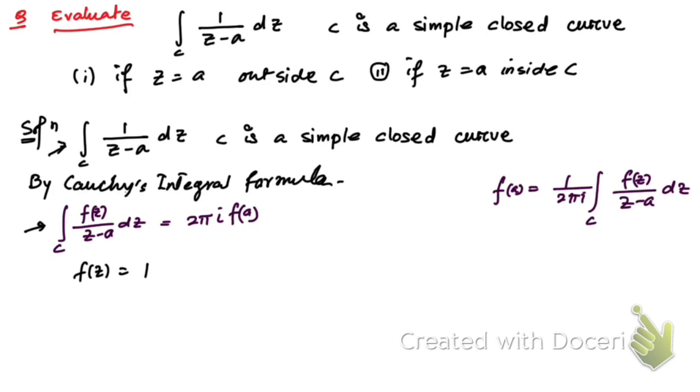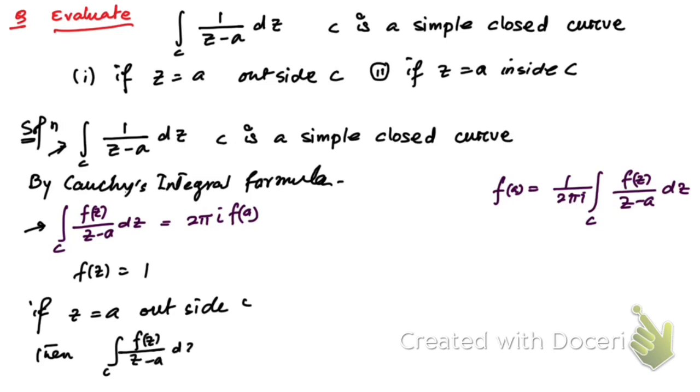Now, if z equals a is outside C, then the integration along C of f of z by z minus a dz is obviously going to be 0, since f of z is nothing but 1.